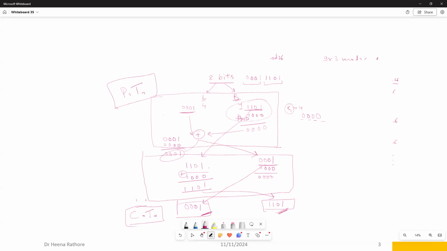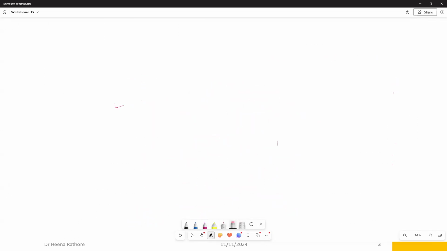Let's do one example. Maybe that would help you. The key has K1 and K2. K1 corresponds to 1100 and your key 2 is 1010.